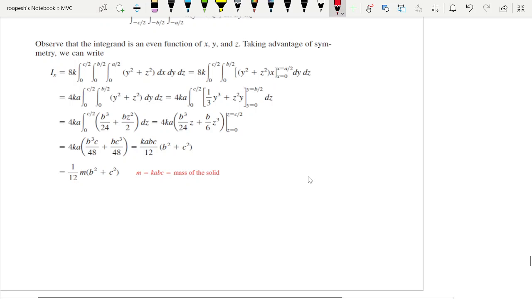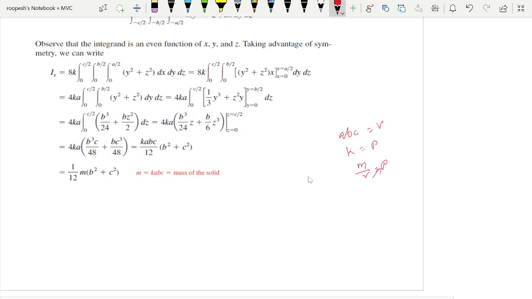The only thing is that here k times abc is coming. So abc means volume, and k means density. We know that mass by volume is density, so volume into density should be mass.